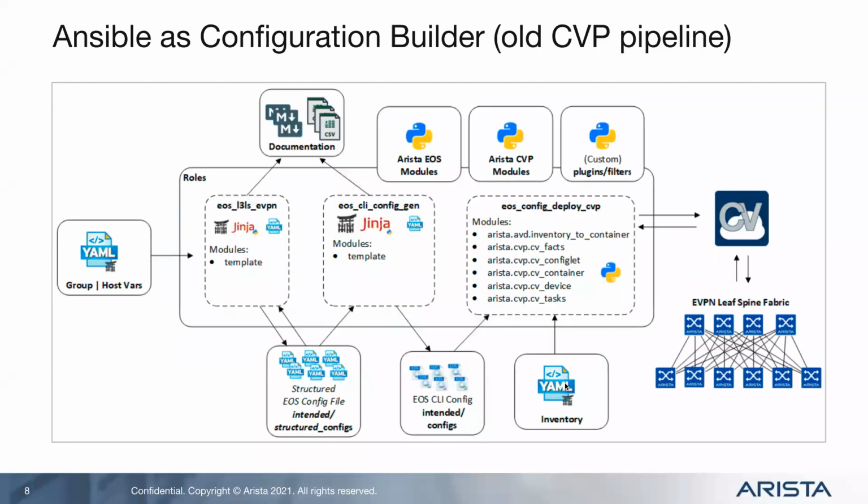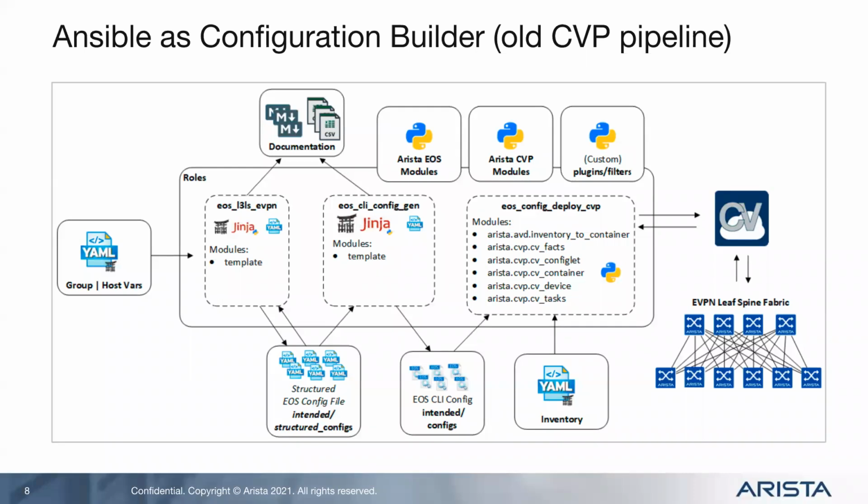So when we talk about AVD and Ansible, there's a couple different pipelines we're going to discuss. I've included here an older pipeline for CloudVision to show what it used to look like. When you would run this entire playbook, what would usually happen is you start with your host and group vars, which you're familiar with by now. And effectively, you would have all your data in the model we expect.